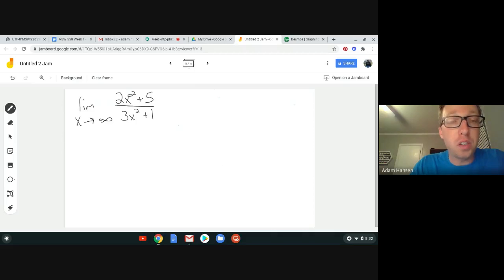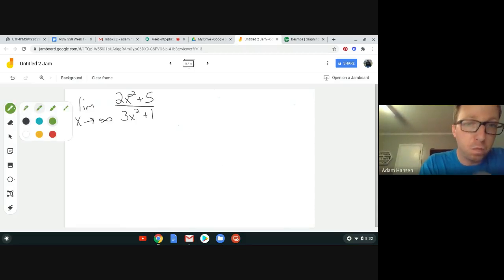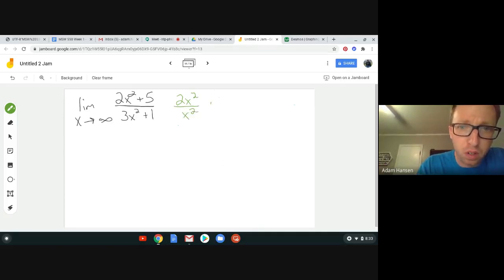Since x squared is still the largest power, what we need to do is divide each of these by x squared. So we'll have 2x squared divided by x squared plus 5 divided by x squared divided by 3x squared over x squared plus 1 divided by x squared.